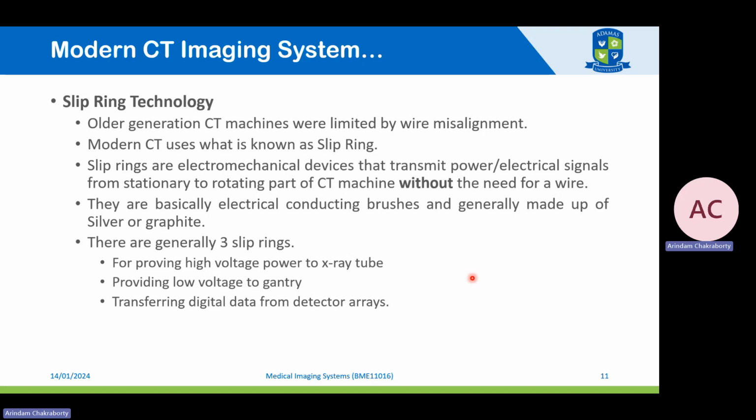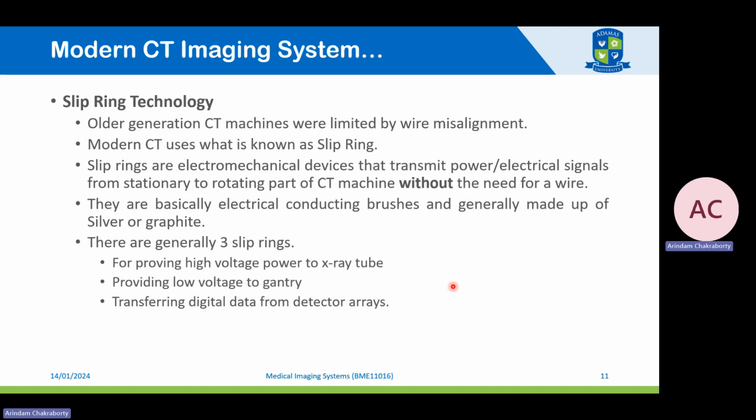So they were limited by this wire twisting or wire misalignment. In between, these systems had to stop working for aligning the wire or de-twisting the wire. Since the X-ray source and the detector used to rotate, wire misalignment and twisting of the wire were unavoidable circumstances that they had to face.